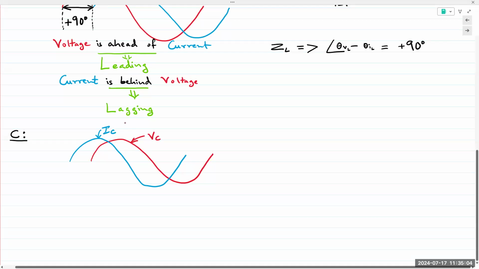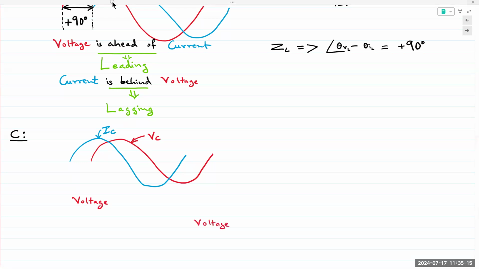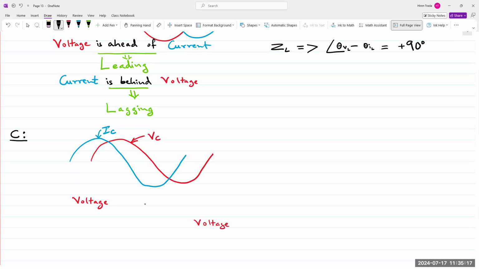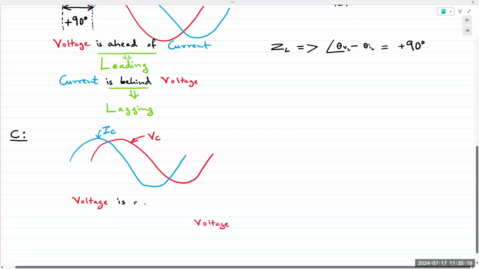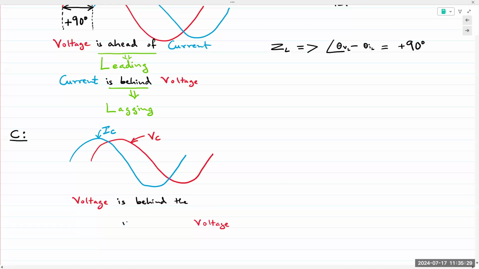So you could write voltage is behind the current, or current is ahead of the voltage.